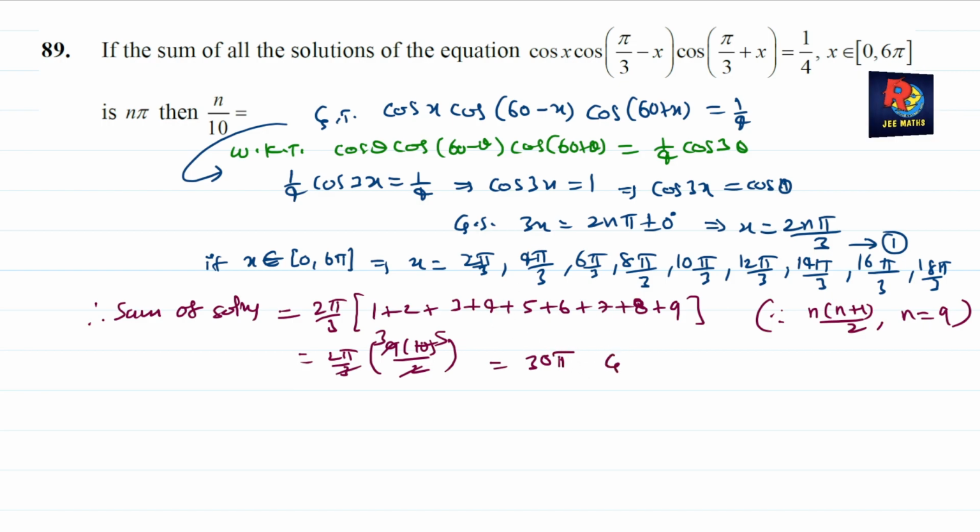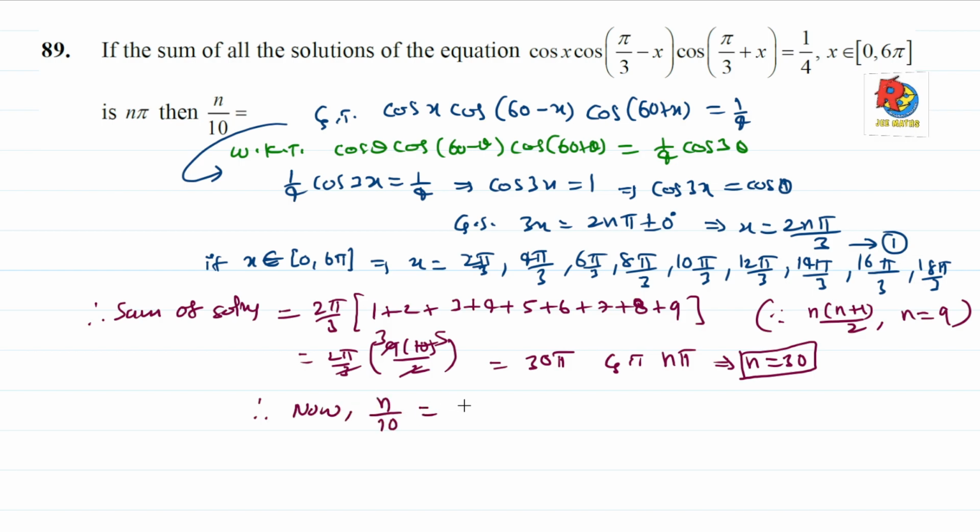Given that it will be nπ, therefore n equals 30. Then n by 10 is 30 by 10, which equals 3. Answer is 3.